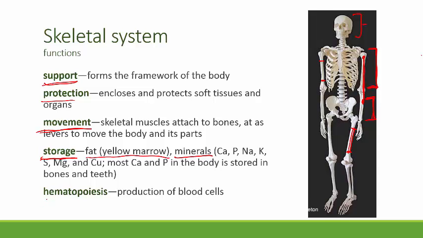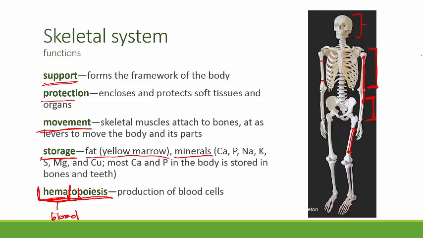And then the last function that I could think of is a process called hematopoiesis, which is a real word, a weird word. Hemato means blood. So when you see this prefix, that means blood. Hema is the prefix.